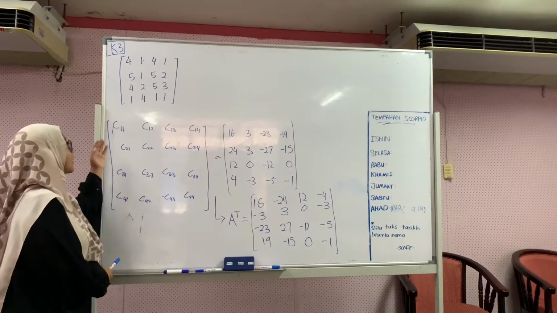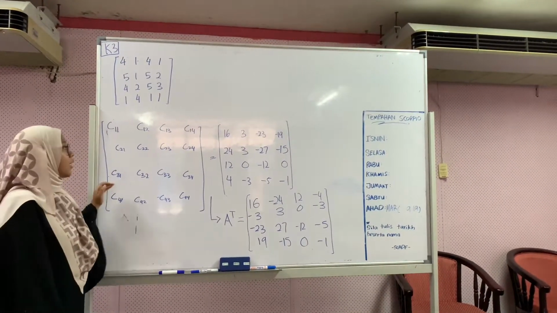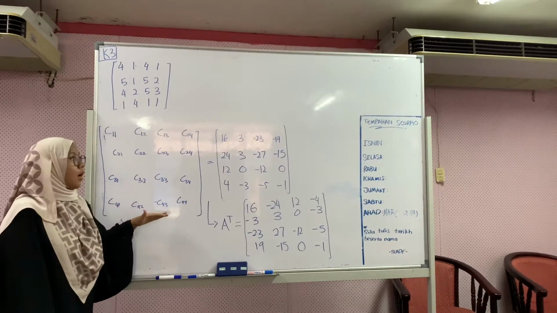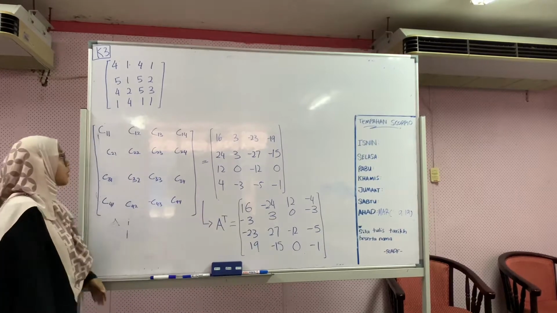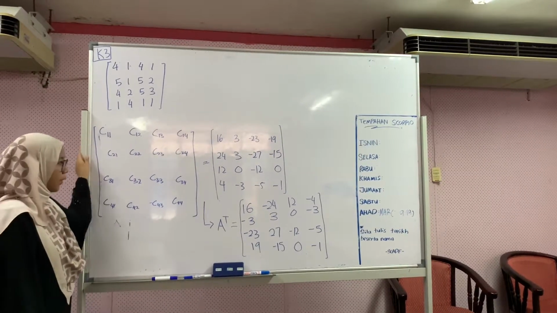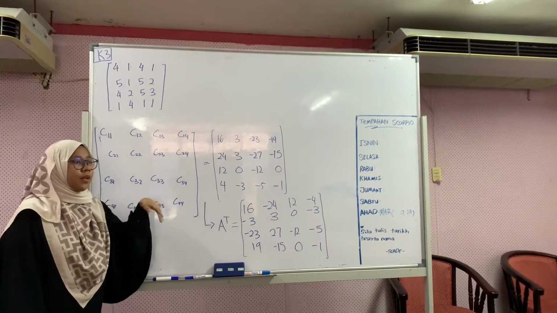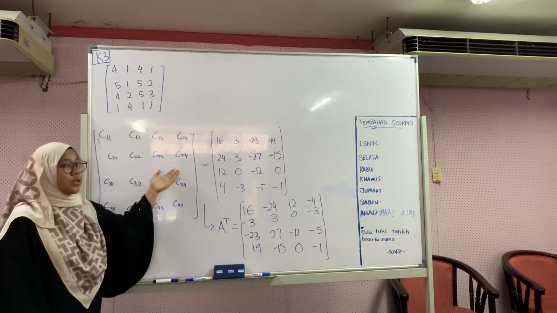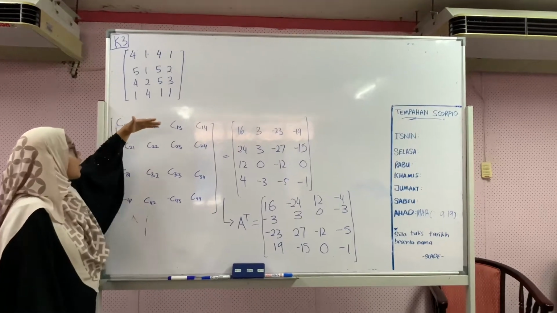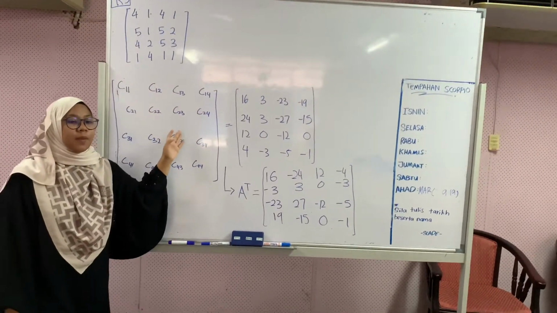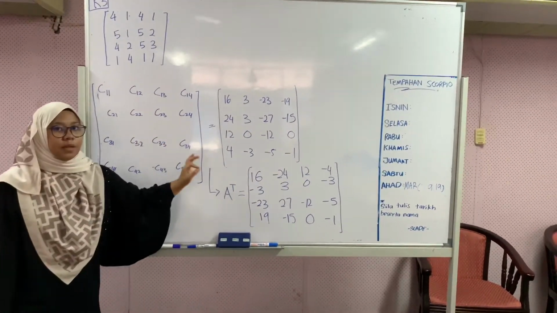Okay, now as I mentioned before, we need to find each cofactor for each minus and arrange it in a new adjoint matrix. So we need to calculate the cofactors by using the same method as shown before, that we need to cross out any rows or columns and multiply and minus it by itself.